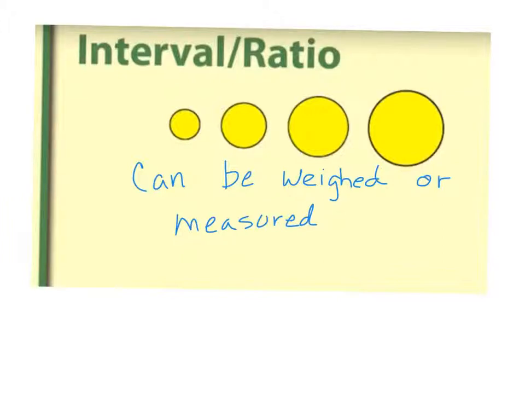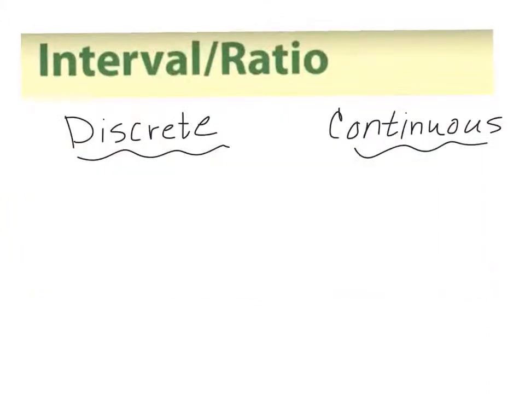Okay, the final class that we're going to talk about is actually a combination of 2 classes, and then I'm going to talk about the difference between the 2 in a moment. But the short version of interval and ratio data is that both types of data can be weighed or measured. And you can have a couple of different types of interval or ratio data.